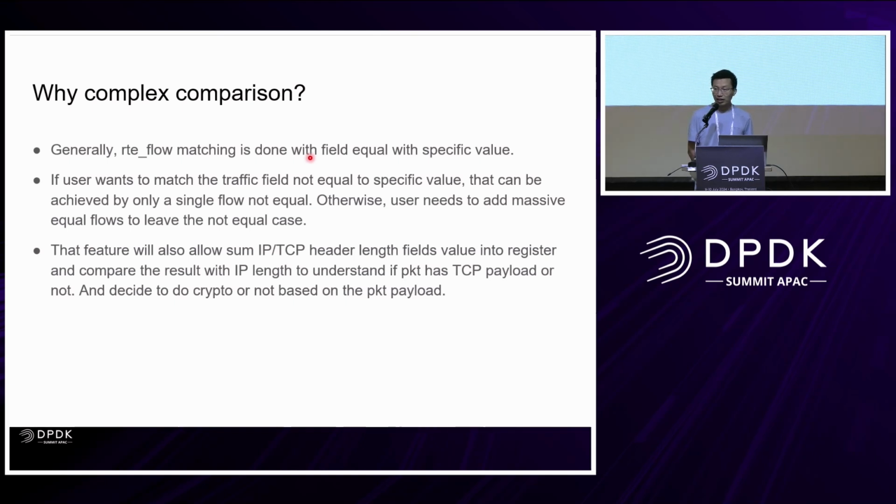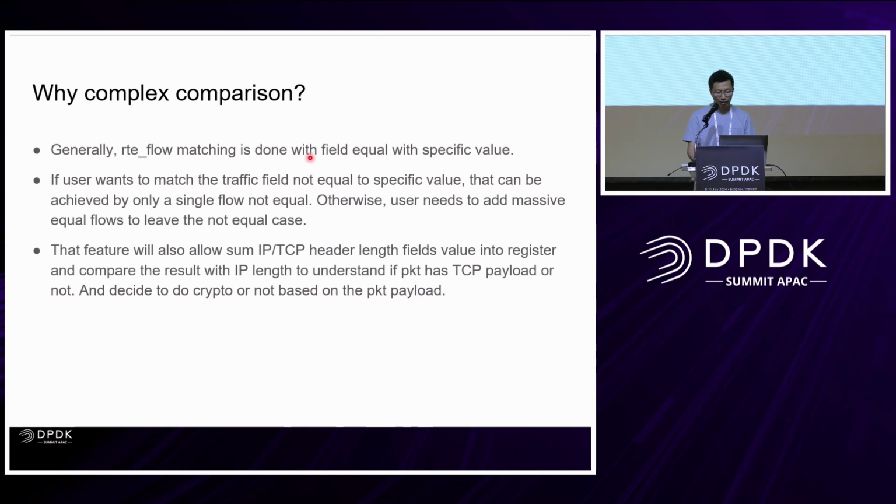Meanwhile, there is also another case. For example, if you are in some crypto use case, think about that. Maybe you just want to encrypt the packet with offload. If there's no payload in the packet, maybe you don't want to do encryption, so you just want to skip that. In the TCP header and IP header, we have the header length, right?